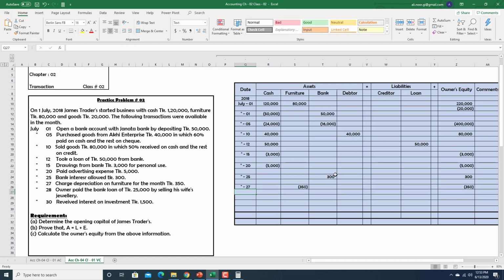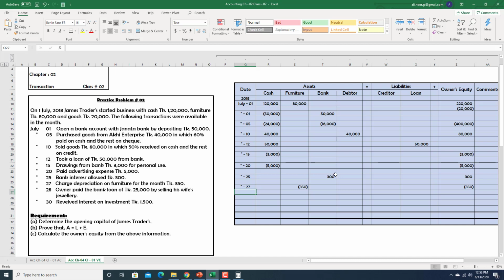Let's say July 28, owner paid the bank loan of taka 25,000 by selling his wife's jewelry. Okay, so the owner paid the bank loan of taka 25,000. So the owner paid the liabilities of the business.